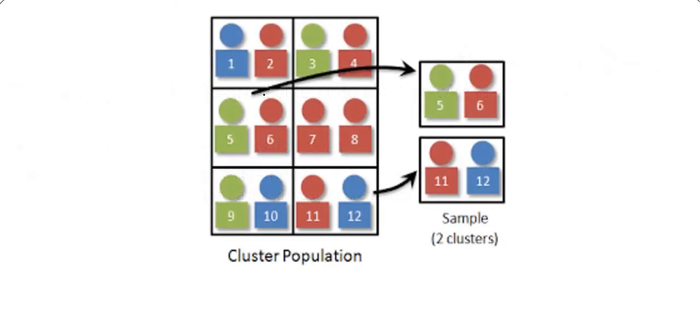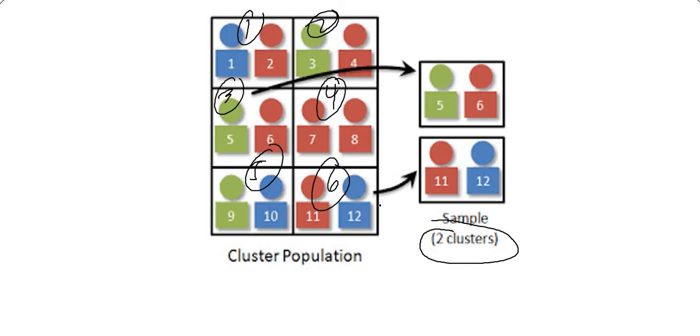Like this one, we subdivided our population into 1, 2, 3, 4, 5, and 6 clusters. And based on our sample, we shall only take 2 clusters as our sample, and we have randomly selected cluster 3 and cluster 6.